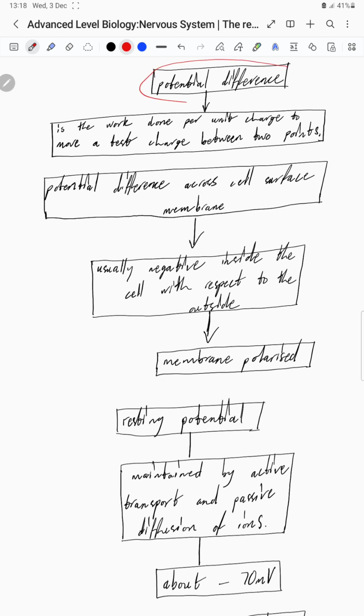So potential difference is the work done per unit charge to move a test charge between 2 points.